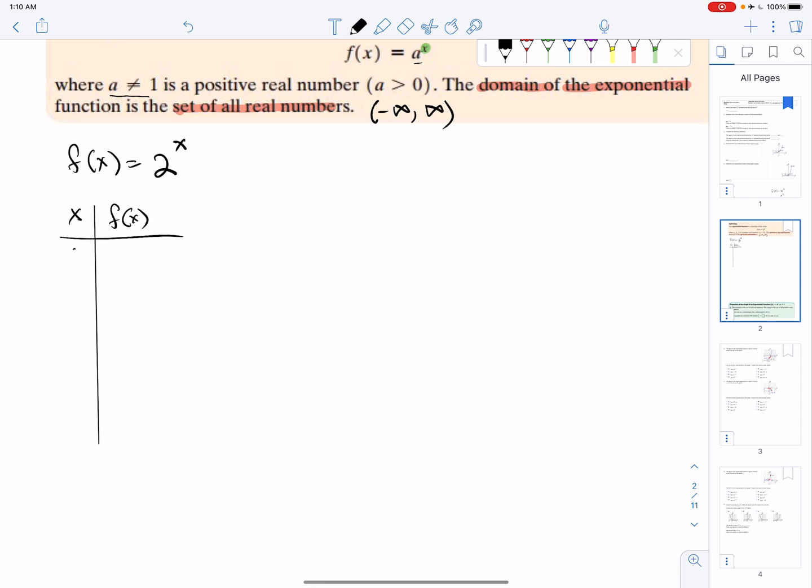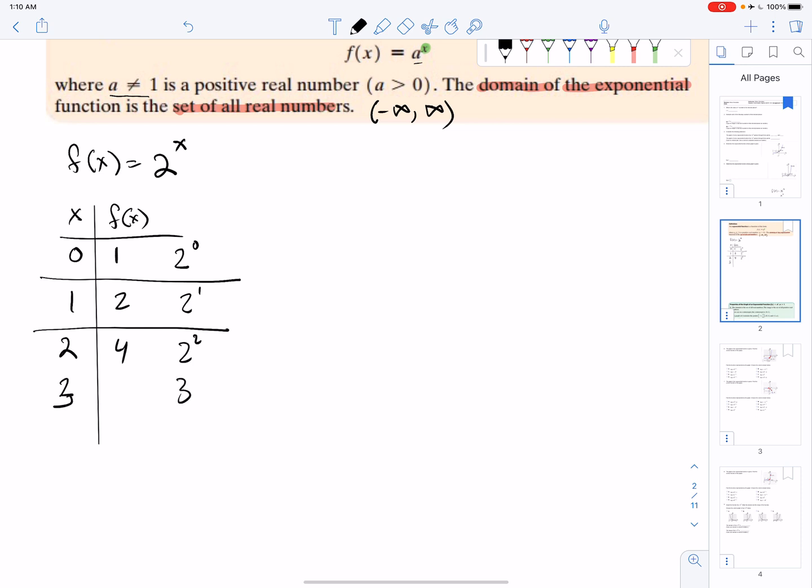Let's put in 0. And 2 to the 0 power is just going to be 1. So then we put in a 1. 2 to the first is just 2. And you put in number 2, so 2 to the second is 4. You keep on going. So you put in a 3.